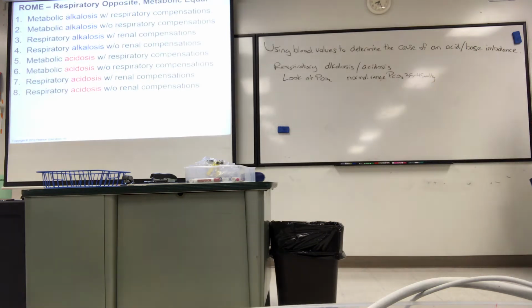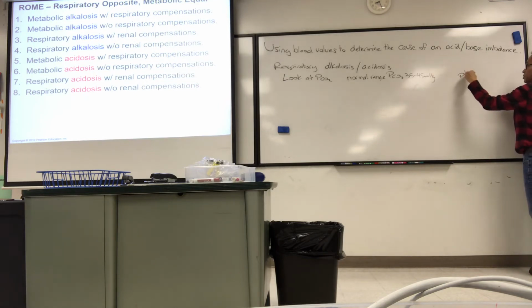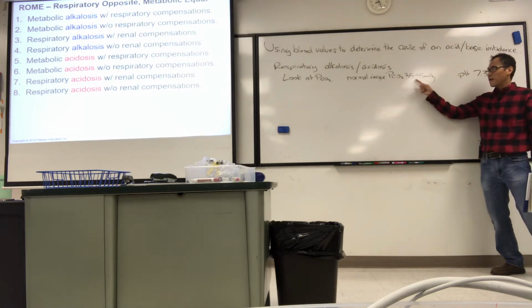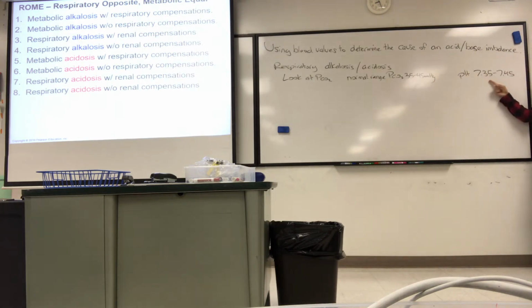Okay. The other thing I should mention is the normal range for pH is 7.35 to 7.45. It happens to be a coincidence that it's 35, 45, 7.35, 7.45, and it's just a coincidence there.